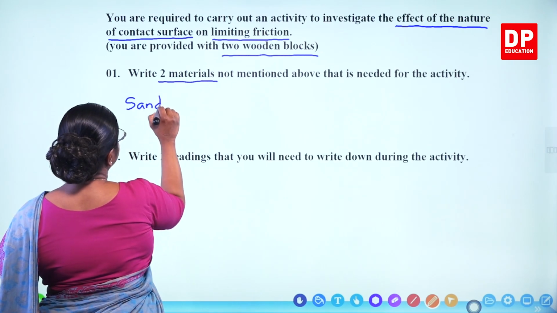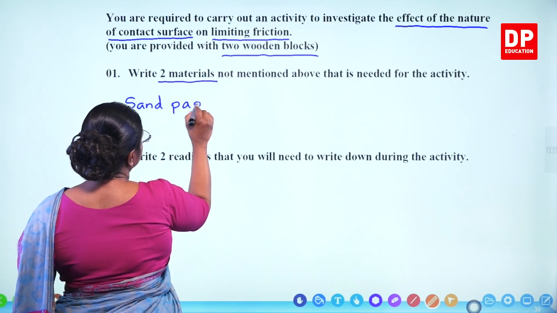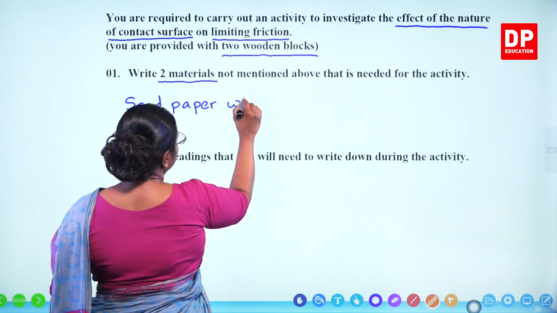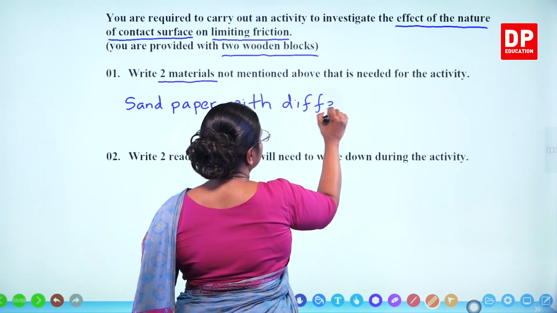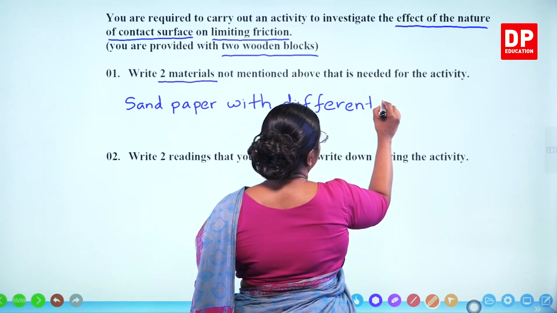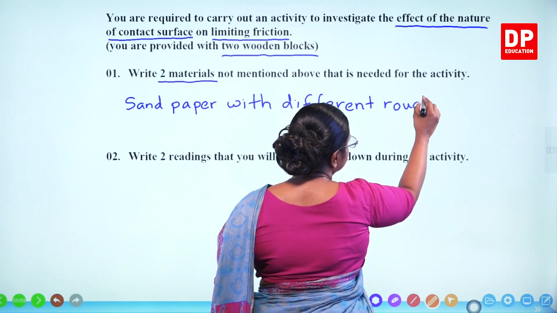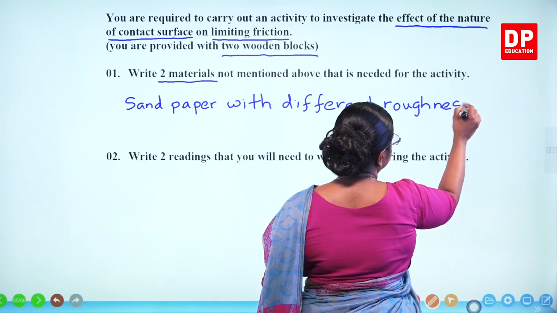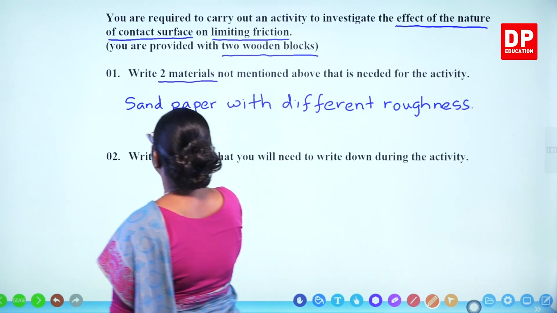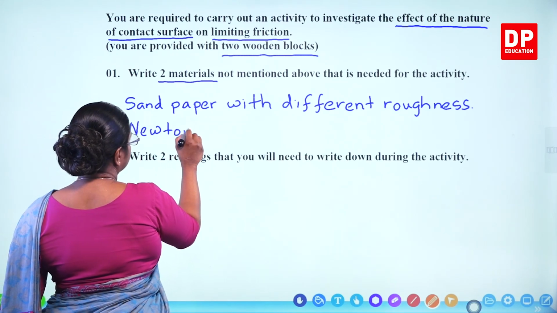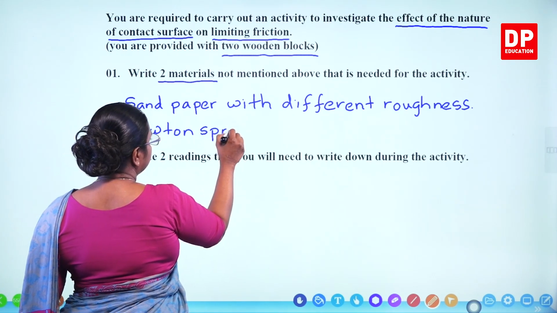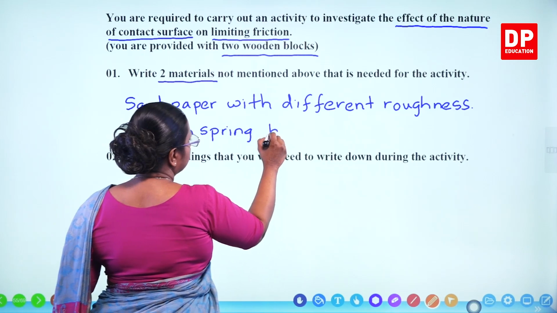Sandpaper with different roughness and Newton spring balance.